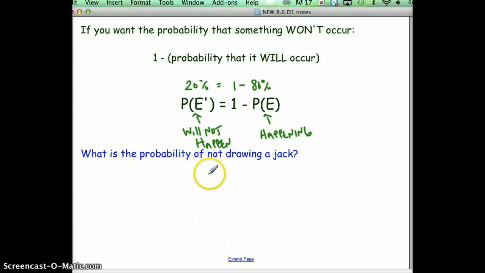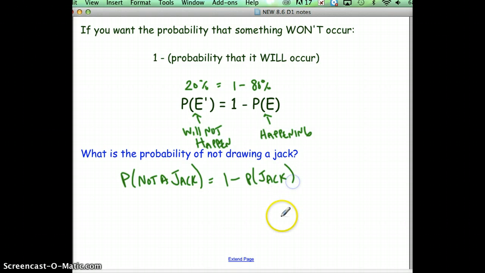Okay, so what's the probability of not drawing a jack? Well, we could sit there and figure out, okay, what's the probability of drawing an ace? What's the probability of drawing a 2? A 3? A 4? And so on. Well, it's much easier to do 1 minus the probability of a jack. That would be the opposite, right?